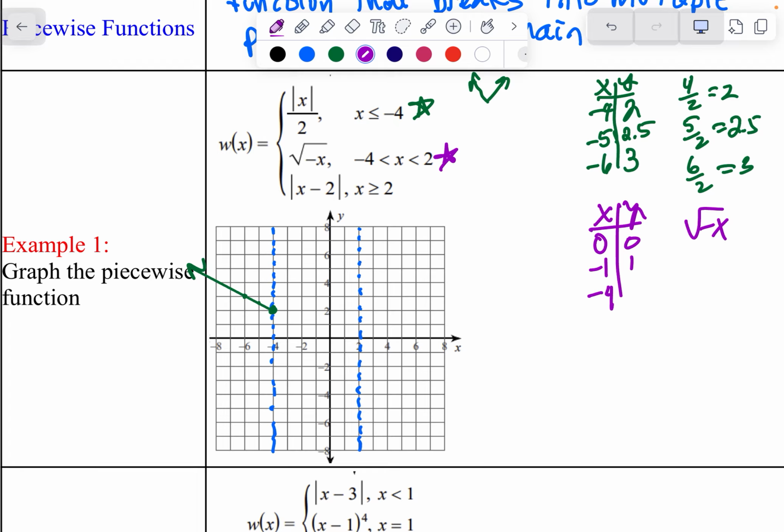The square root of that is 2. So technically, we would have an open circle here, but it's already been colored in, so we really don't have to worry about that. The other one colored in and matched up perfectly. But at -1, we're at 1, and at 0, we're at 0. So there's just a little chunk of a graph right there.